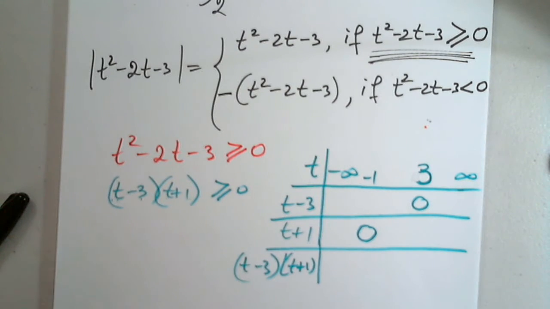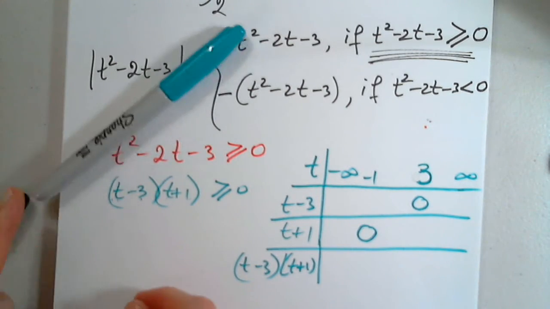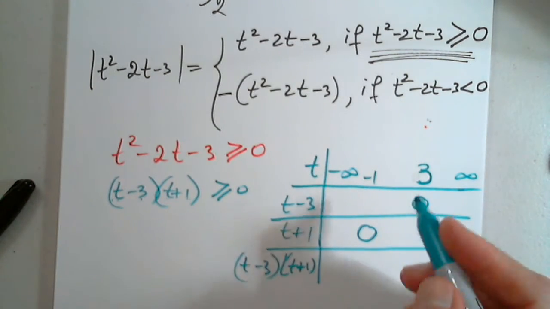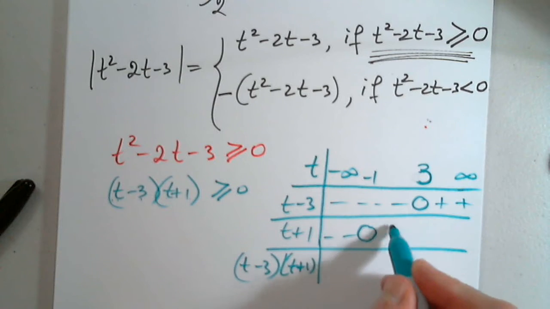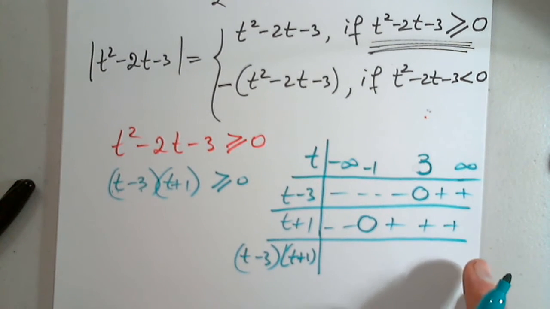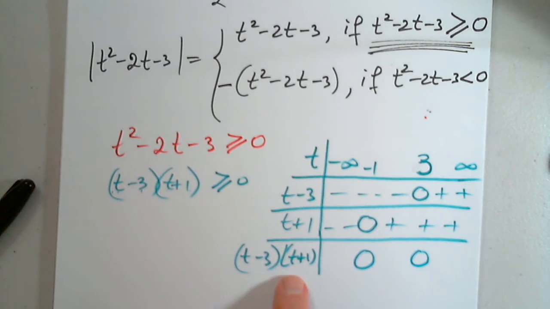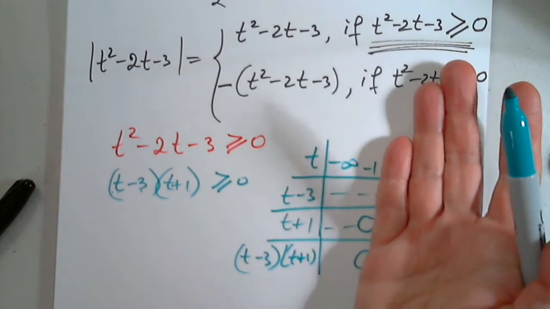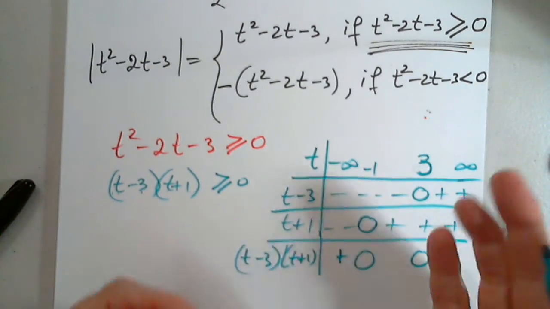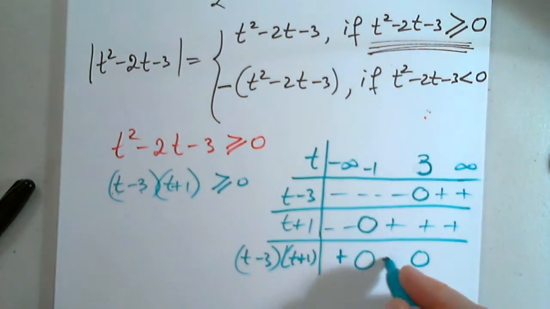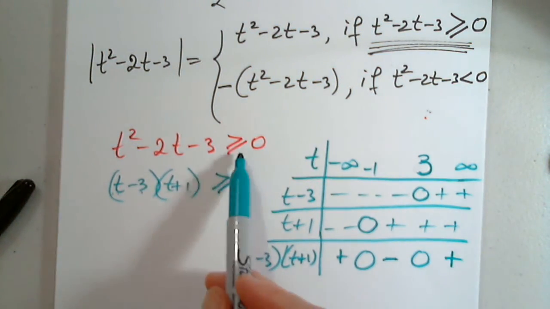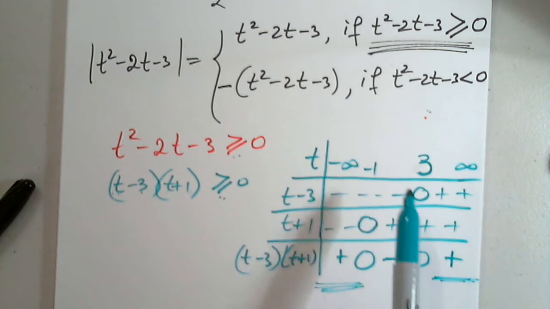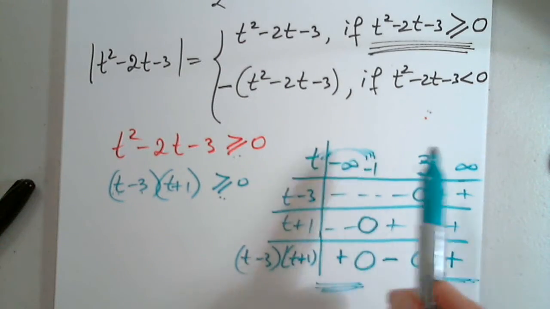Both of them, if you graph them, or you don't have to graph them, just think in terms of a linear function with a positive slope from negative to positive, or just plug in numbers. So this is 0 and this is 0. The product will be 0 if any of these is 0. When I multiply two negatives, or a negative by a positive, or two positives, positive is what I want. So I want this and this, which means I want this and this.